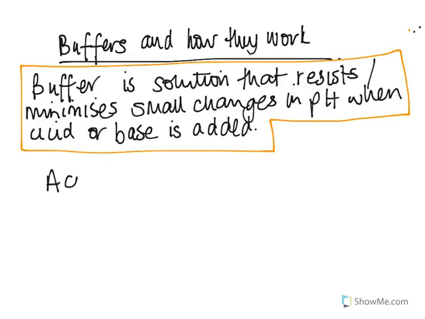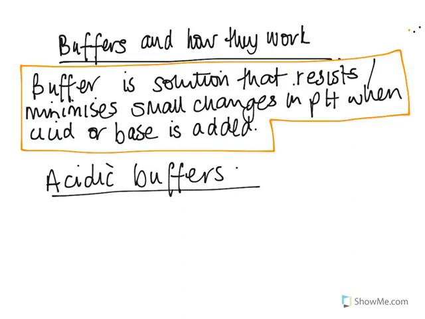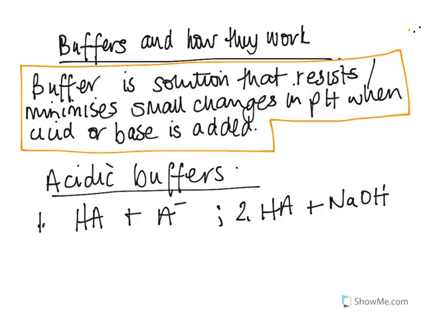So the most common ones we're likely to encounter are acidic buffers, and these can be made in two ways. We can mix a weak acid with a salt containing its conjugate base, or we can react a weak acid with a strong base like sodium hydroxide, which will produce the salt of the conjugate base.